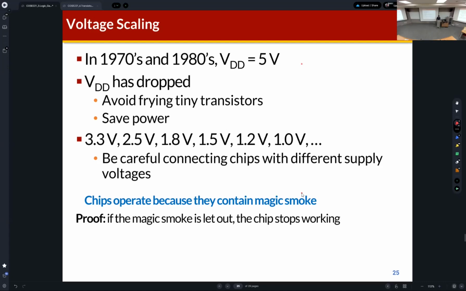Right? If we provide a higher supply voltage to the electric circuit, then the circuit will be broken. Okay, so this is just a joke: the chips operate because they contain magic smoke. It's a joke, not a real fact. Why?